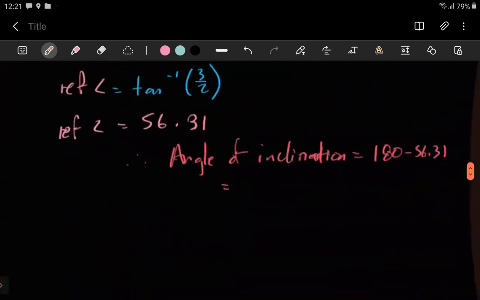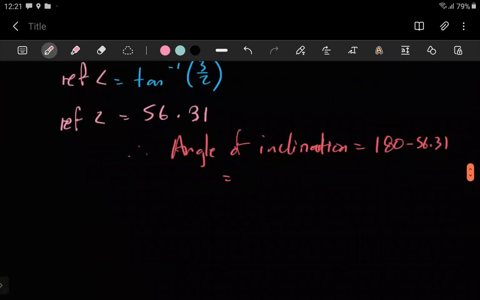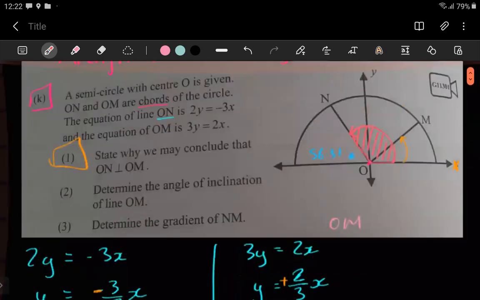So 180 minus 56.31, you're definitely going to get 123.69, which is what we were expecting anyways from our question. Cool, yes, I understand.